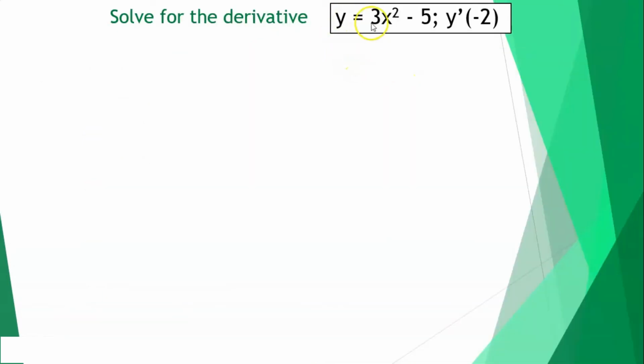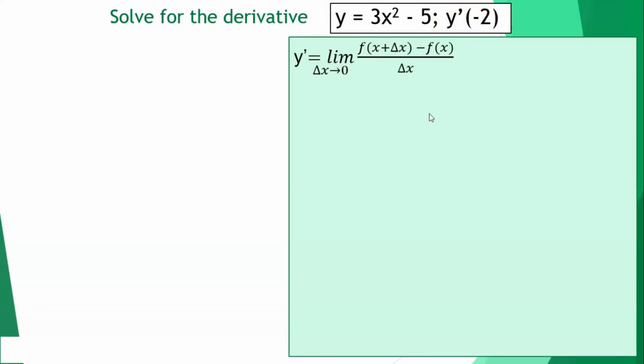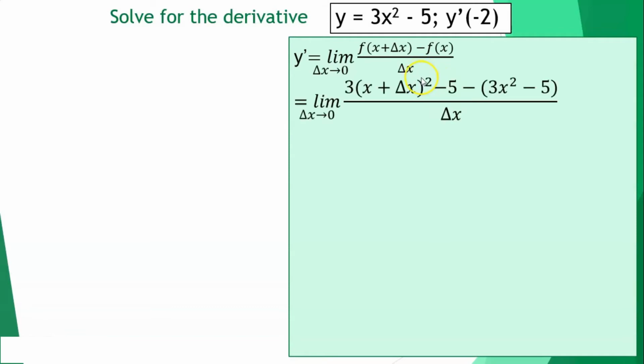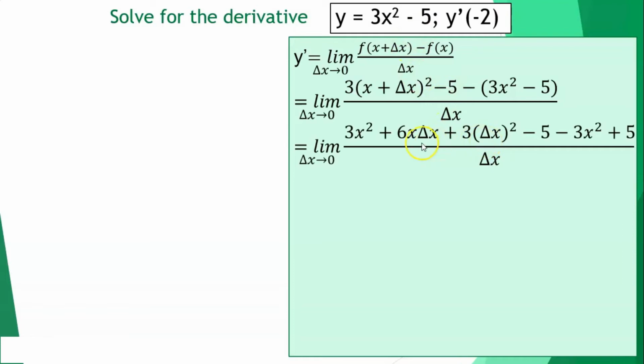Okay, another. Find the derivative of 3x squared minus 5 at y prime of negative 2. So again, making use of the delta method, we will have this one. So all you have to do is substitute. So with this, we can cancel 3x squared and negative 3x squared.